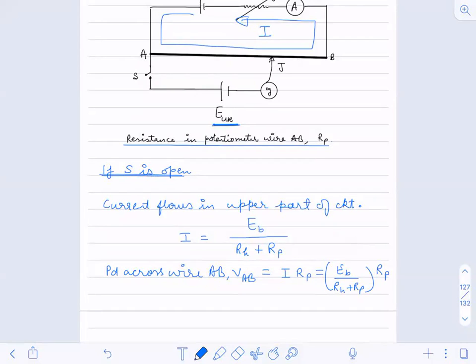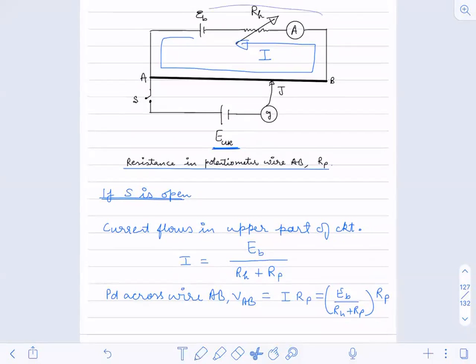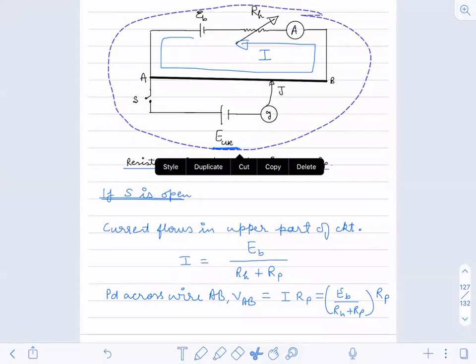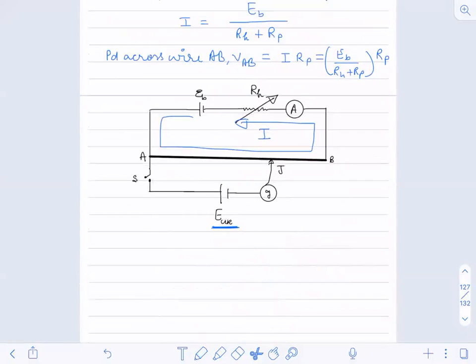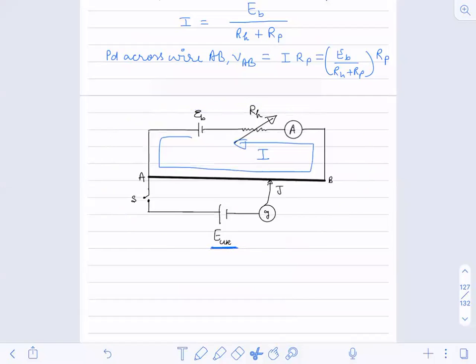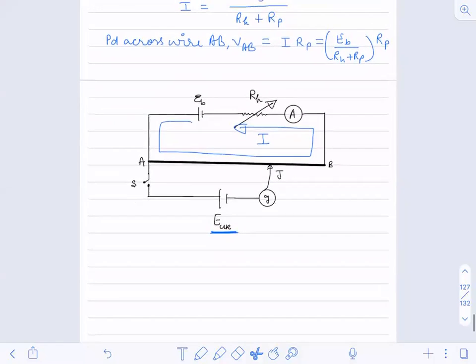Now, we have calculated the potential difference across the wire, and we have calculated the current also. Now, what will be the potential difference per unit length of the wire? This lambda will be, what is lambda here?